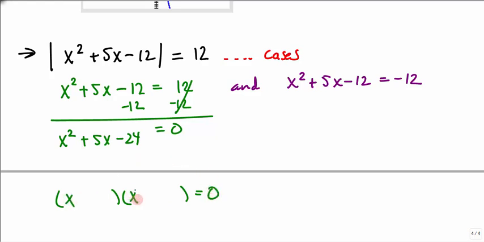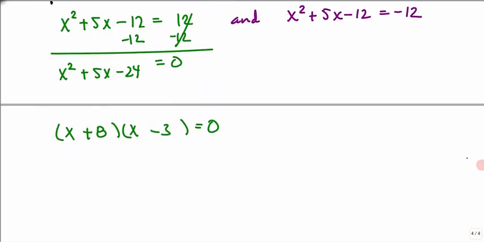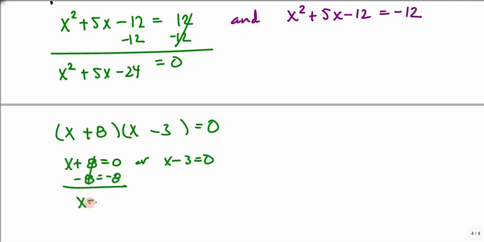This does factor. I think we have plus 8 and a minus 3. So for this case, I have x plus 8 equals 0, or x minus 3 equals 0. I'll subtract the 8 from both sides, x equals negative 8. Here I'll add the 3 to both sides, and I get x equals 3 for this case.